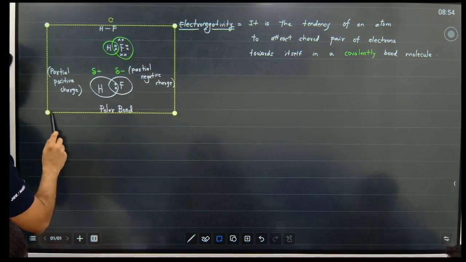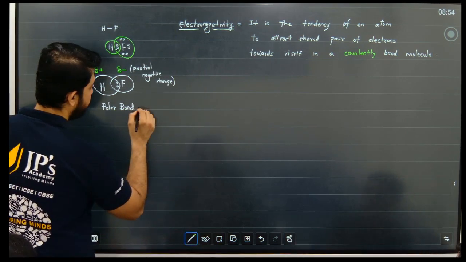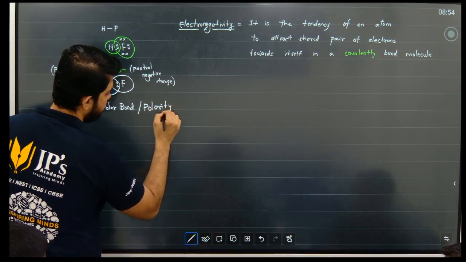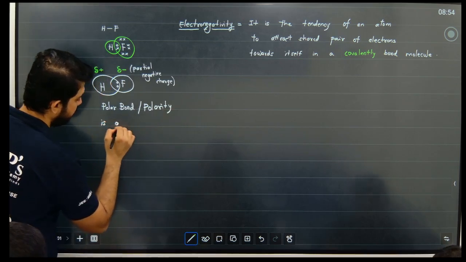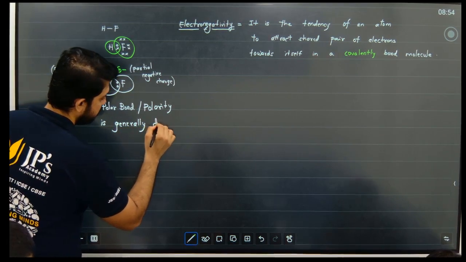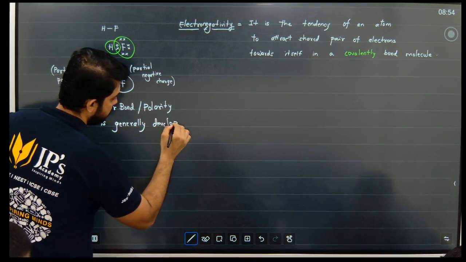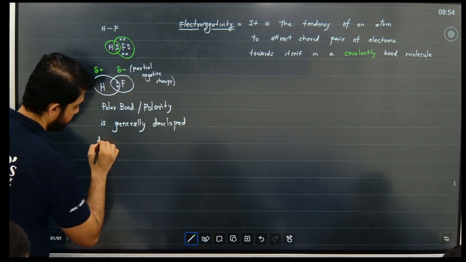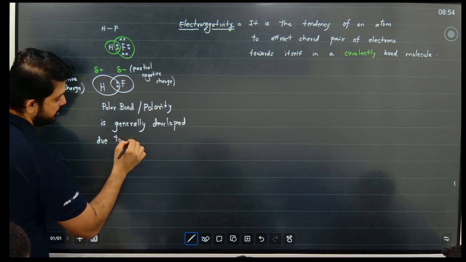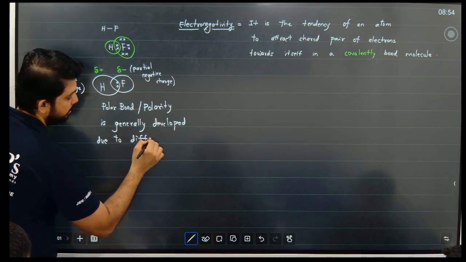And ये polar bond or polarity is generally developed due to difference in electronegativity. ये क्यों होता है?